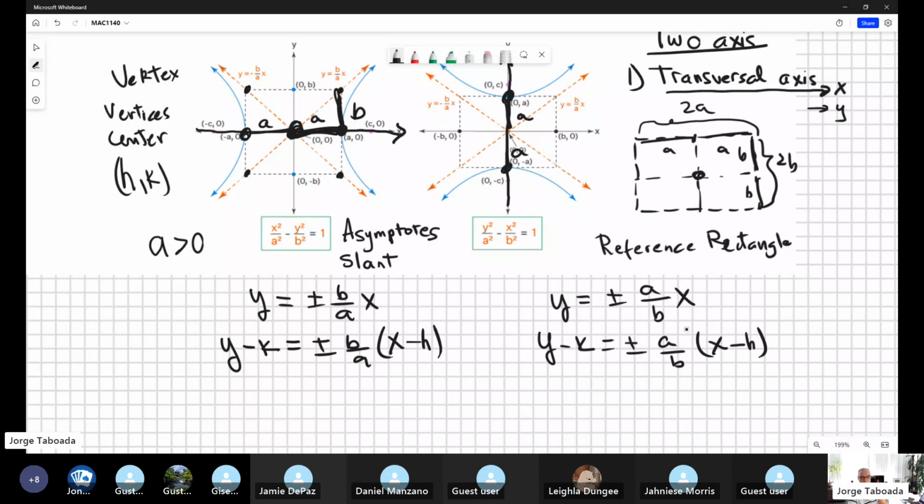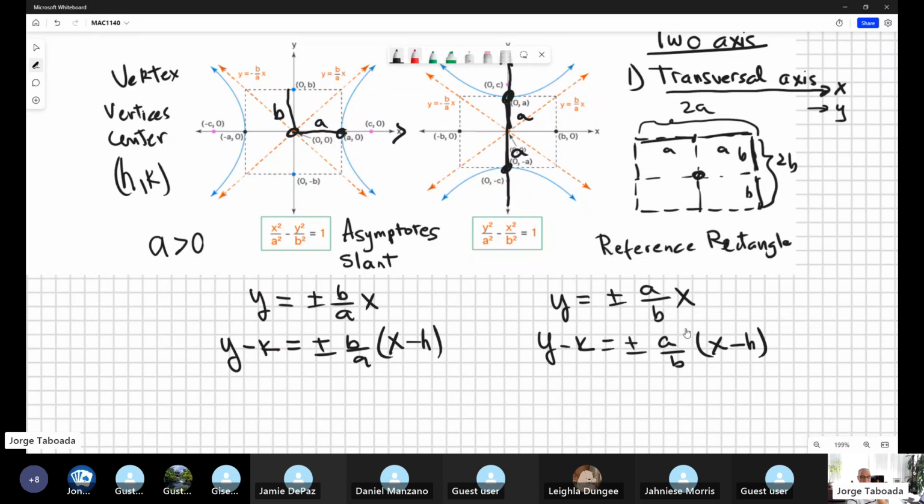Okay, cool. One thing I forgot: the focal distance. That distance is a, from the center to the vertex. This distance is b.